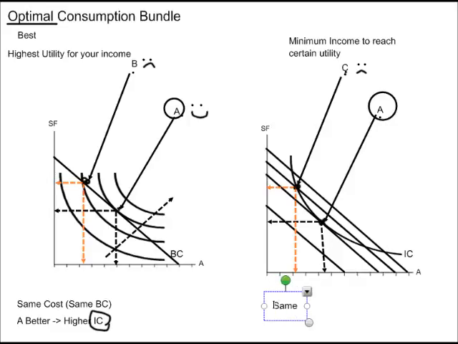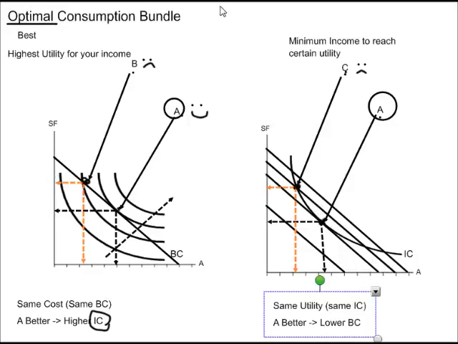However, why is A considered a superior combination of output? A is on a lower budget constraint than C. C is on a budget constraint that is further from the origin. Remember, budget constraints that are further from the origin represent higher income.